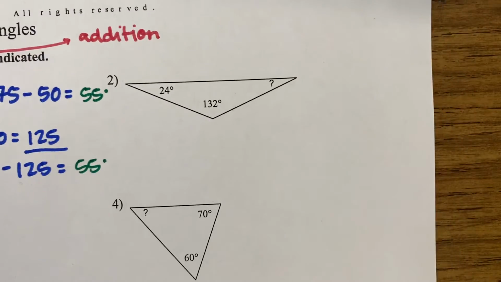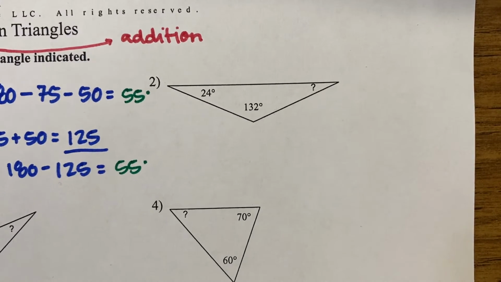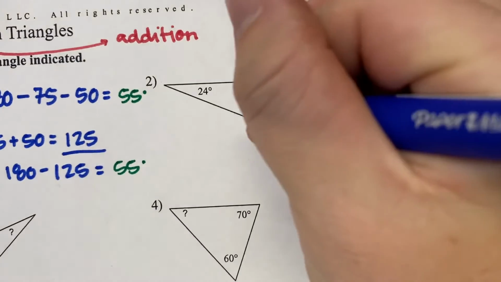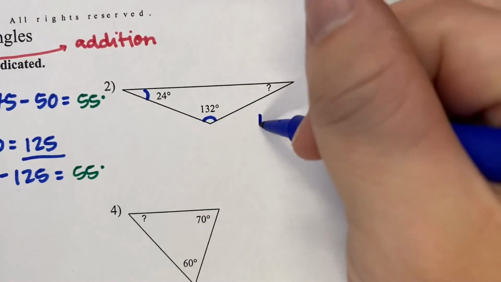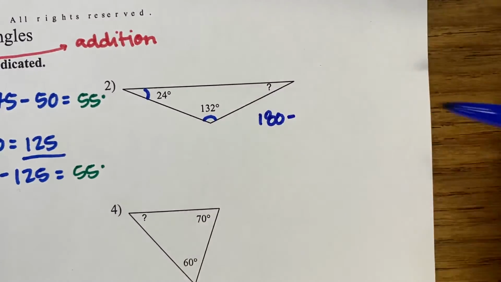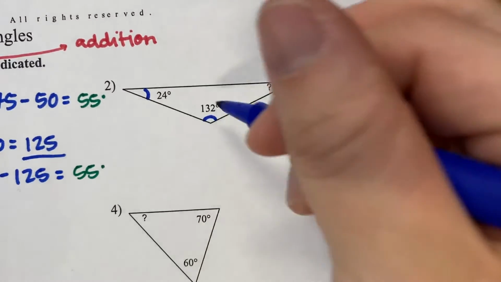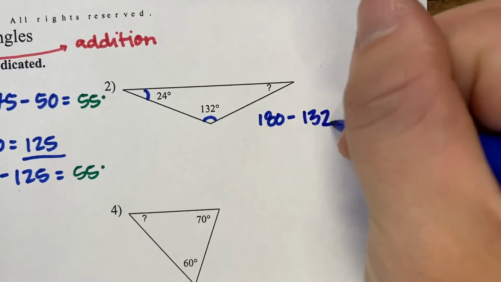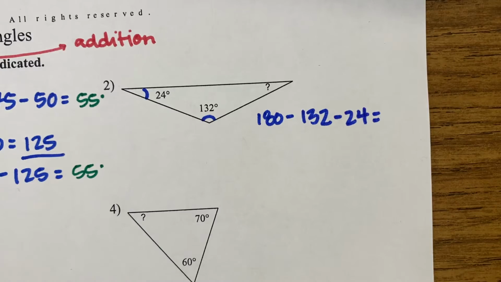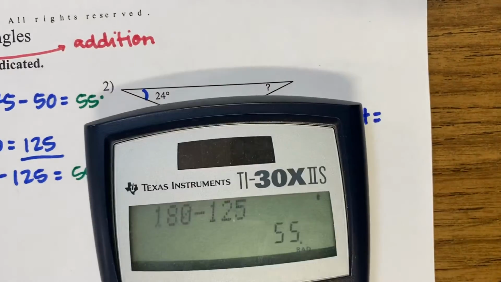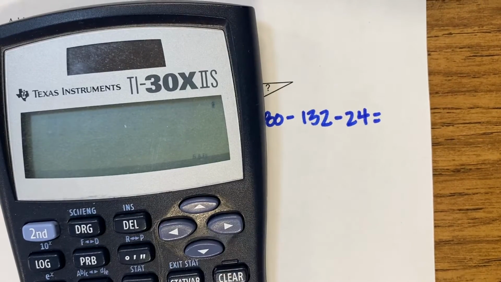Let's look at number 2. It gives us two angles, 132 and 24. We're going to start with our total number of degrees, 180, and subtract what it gives me, 132 and 24. Remember to always start with 180, always, always.